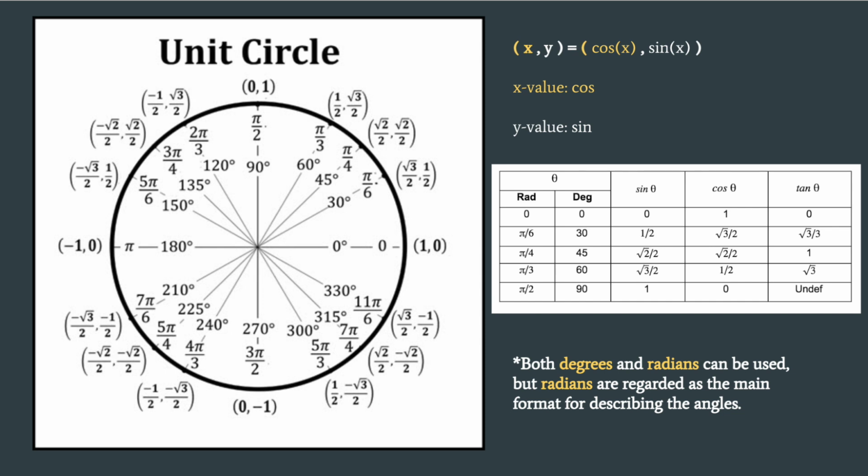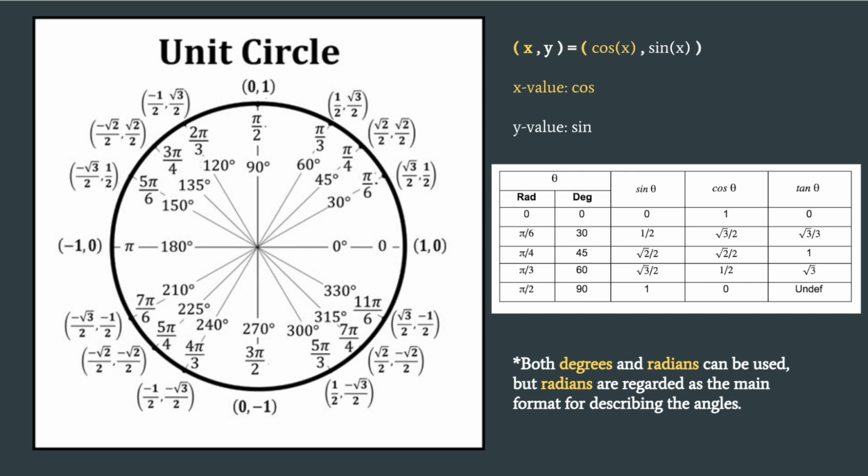When it is 45 degrees, this is at least the easiest one that you can memorize: sine and cosine both are root 2 over 2, but tangent is always 1 when it is 45 degrees or pi over 4. And at 60 degrees, which is pi over 3, sine is always root 3 over 2, cosine is 1 over 2, and tangent value is root 3.